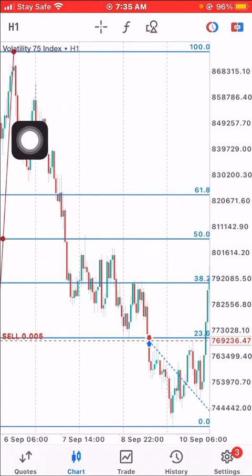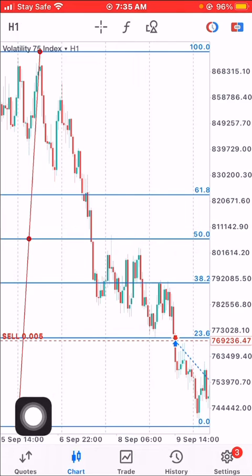For a downtrend, we start plotting it from the highest level down to the lowest level. For an uptrend, we plot it from the lowest level to the highest level. Anyhow you want it, you can place it like that.